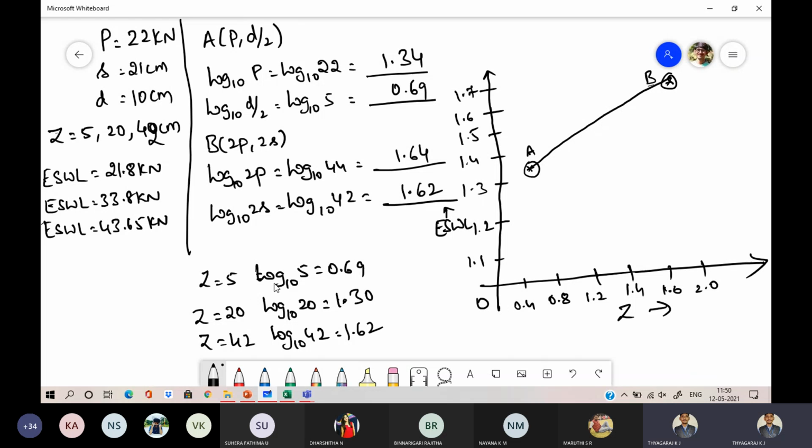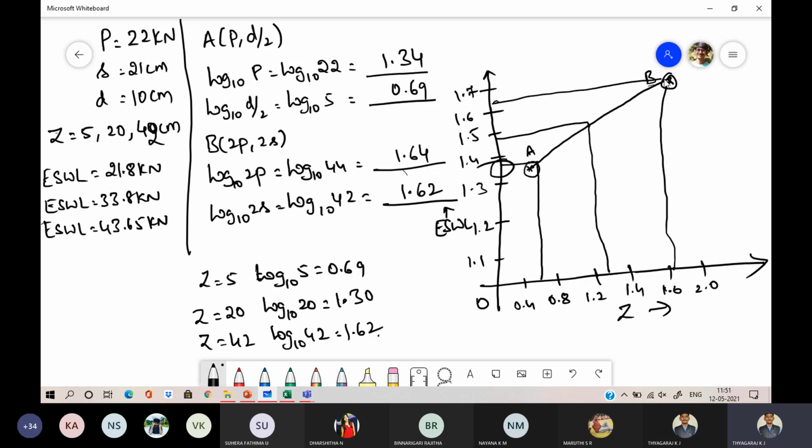Now at Z is equal to 0.69, you will get it here. So draw a line here and project it. Calculate the ESWL. Then 1.30, project the line here, calculate the ESWL. 1.62, so whatever value you are getting, draw a line like this and project it. So we will get 3 ESWL values.